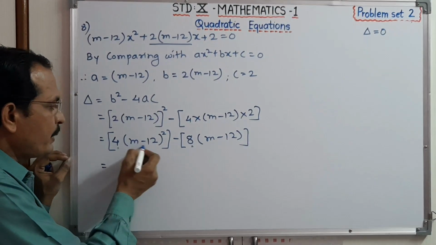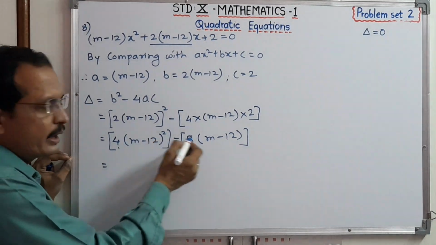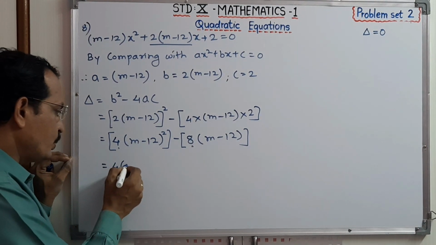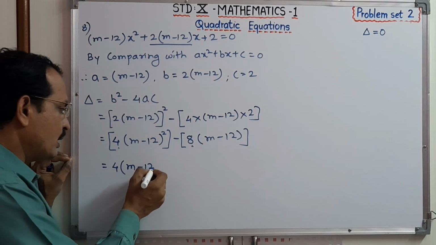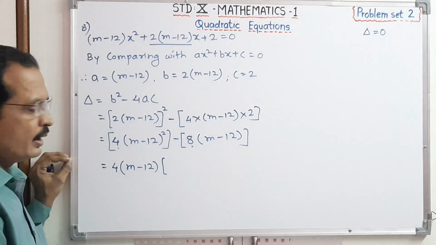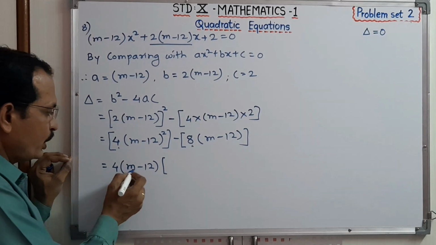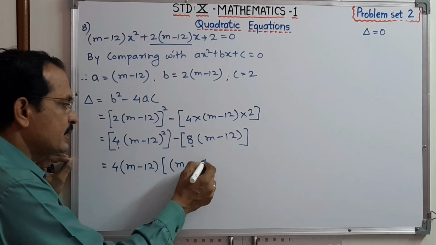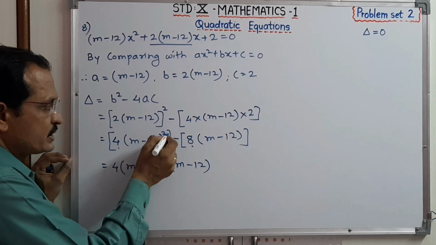Same way here m minus 12 bracket square is there, and here it is m minus 12. Therefore 4 into m minus 12 we can take out as a common. From this we take 4 into m minus 12 as common, therefore 1 m minus 12 is remaining over here because it is square.